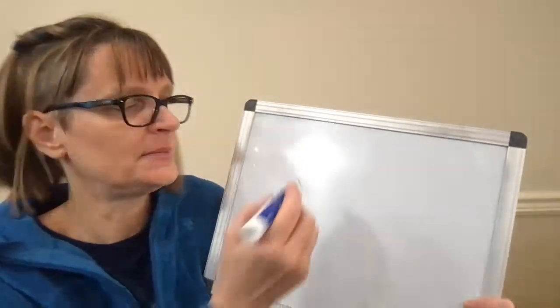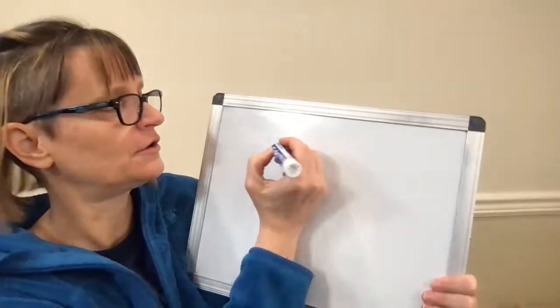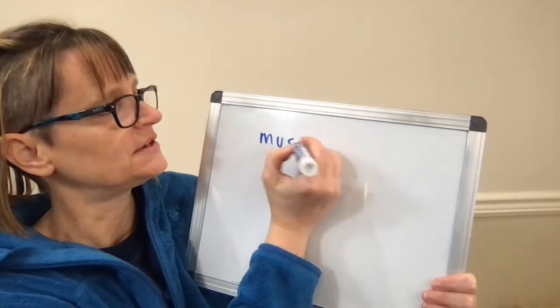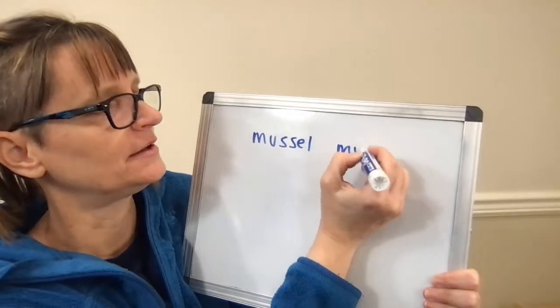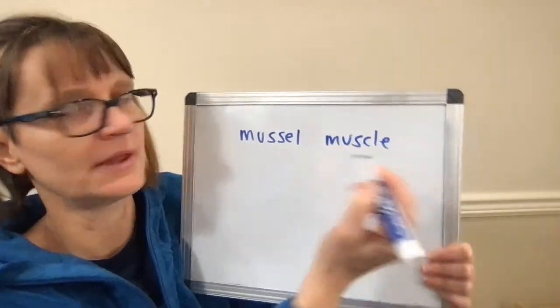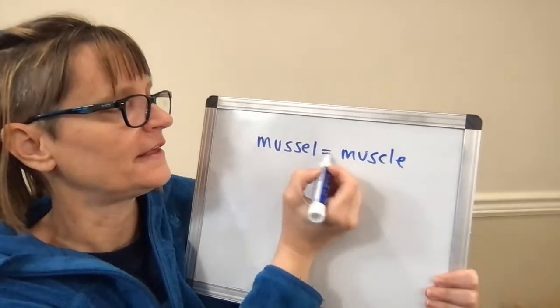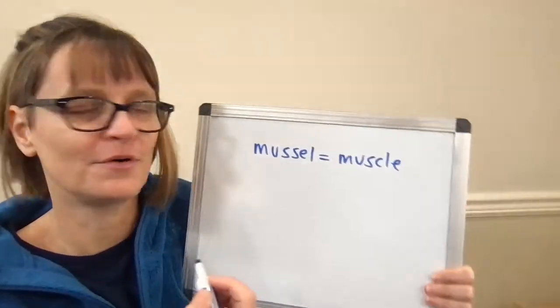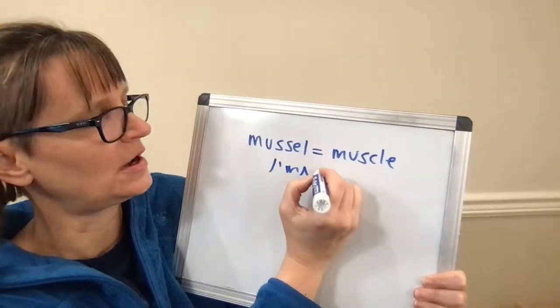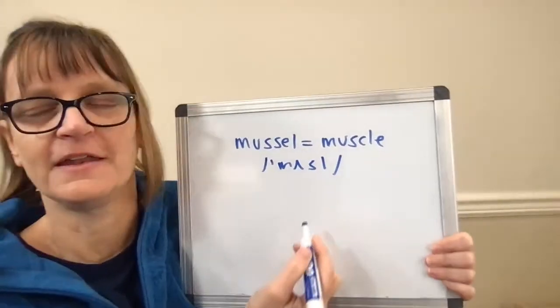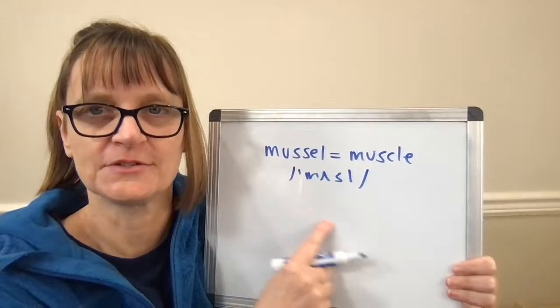Okay, I have a question about mussel and muscle, ferry and fairy. So the question was, does mussel, like the sea creature, and muscle, like muscles in your body, are they the same? And yes, they are. They're both first syllable stress, vowel schwa, and then a syllabic L after your S, muscle.